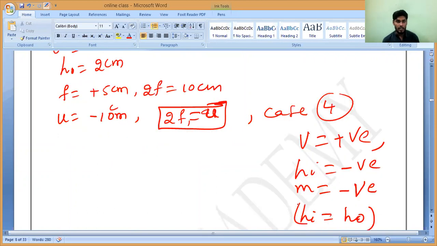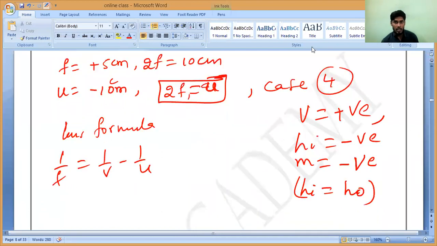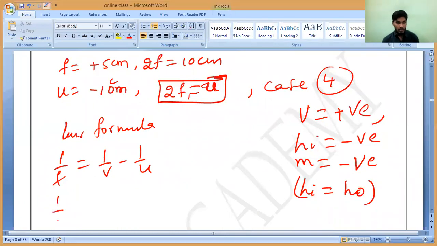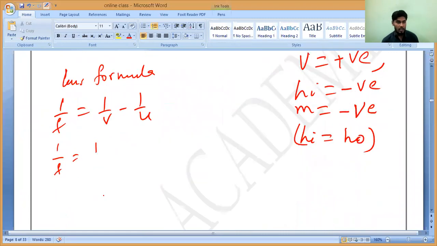So now start solving, all of you. That is what I am saying. Next, magnification and the lens formula. Lens formula is equal to what? 1 by F is equal to 1 by V minus 1 by U. Understanding? So start solving. We want to calculate 1 by V, the image position.